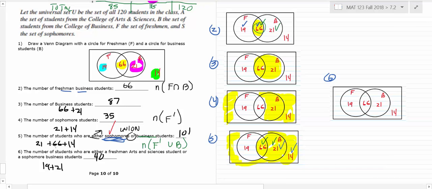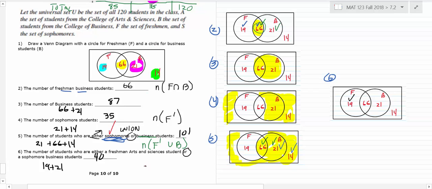And then number 6, you're either a freshman, arts and sciences, or you're a business student. So let's do that. If you're a freshman, arts and sciences, you're that. You're a freshman, but you're not a business student. So that part right there is what you're looking at.